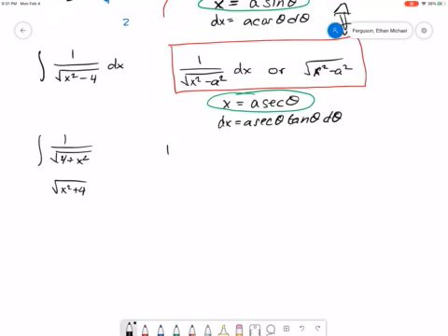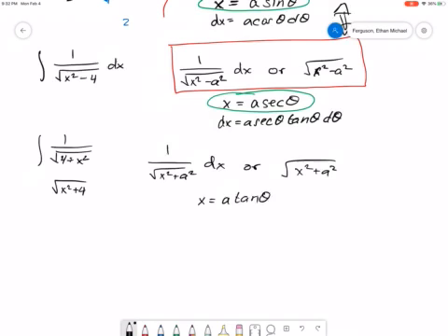So if you see the form of 1 over the square root of x squared plus a squared, dx, or simply the square root of x squared plus a squared, you are going to substitute x as equal to a tangent of theta.